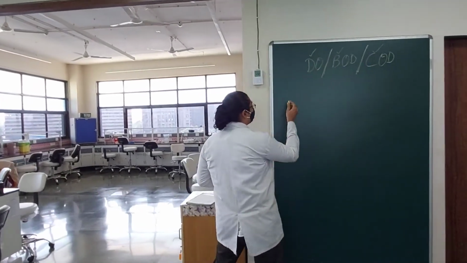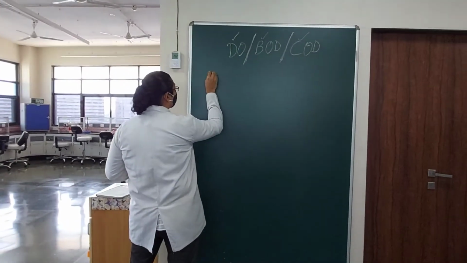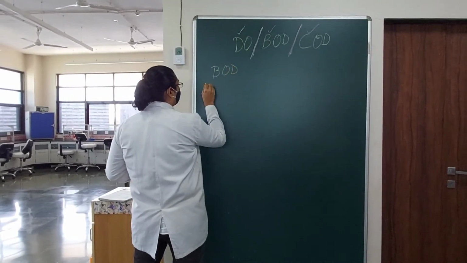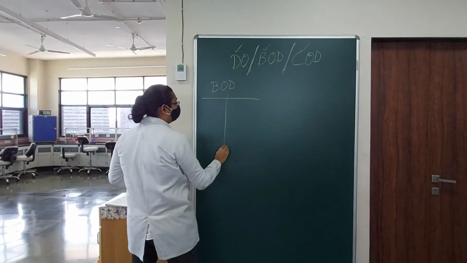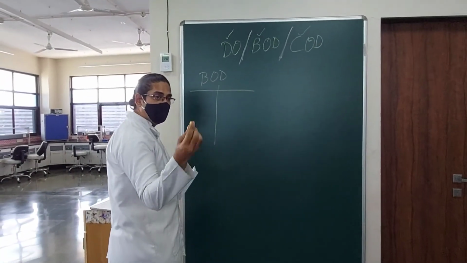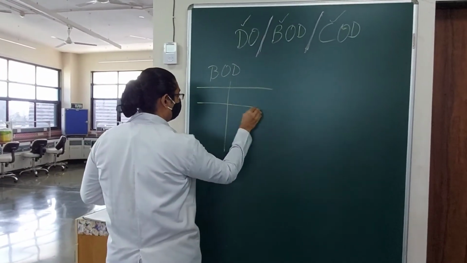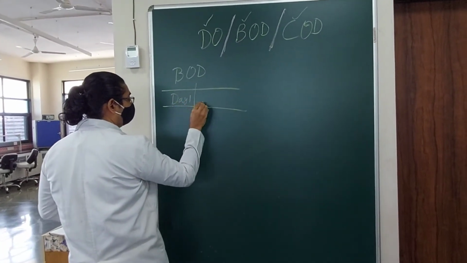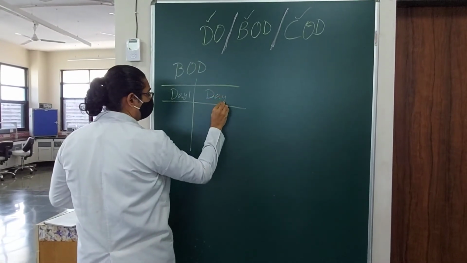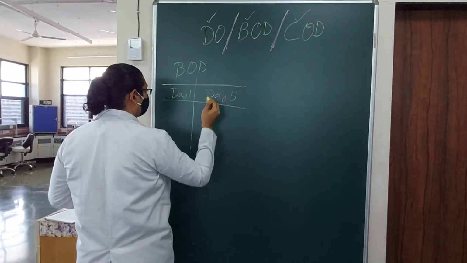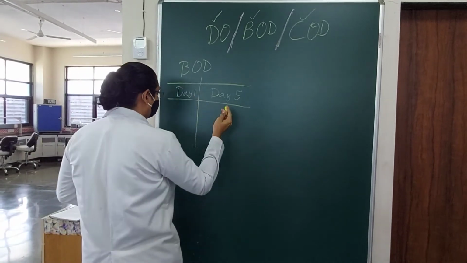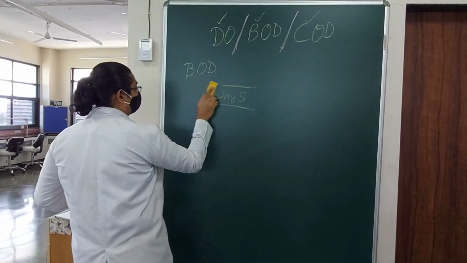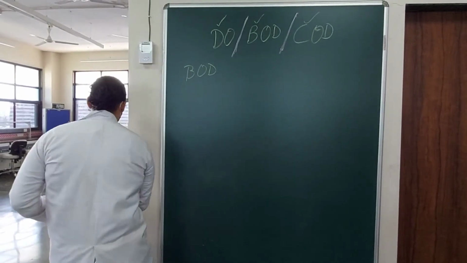So, first, we should write the BOD values. Remember, for BOD, it is day 1 and day 5 values. So I am making two columns here, calling them day 1 and day 5, and the water sample.